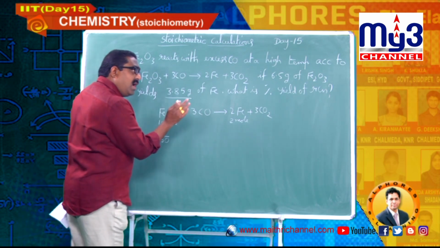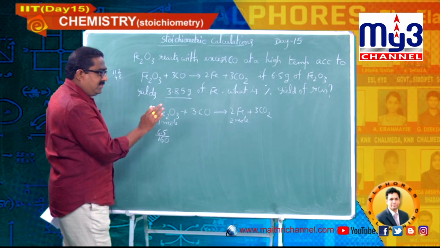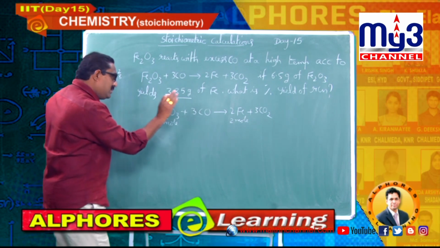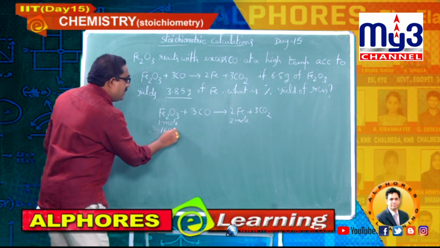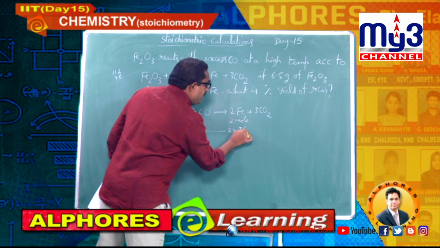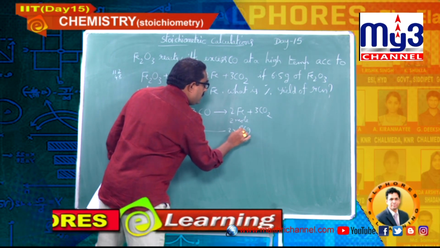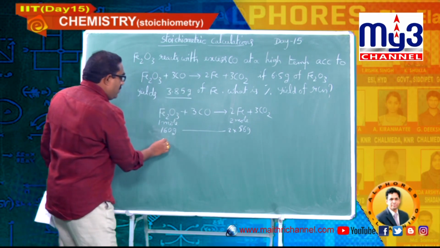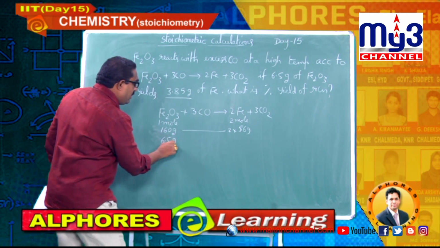Let me solve in mass itself, no need of conversion. I can write that 160 grams can give rise to 2 into 56 grams of iron, according to the balanced equation. Now he has taken 6.5 grams.